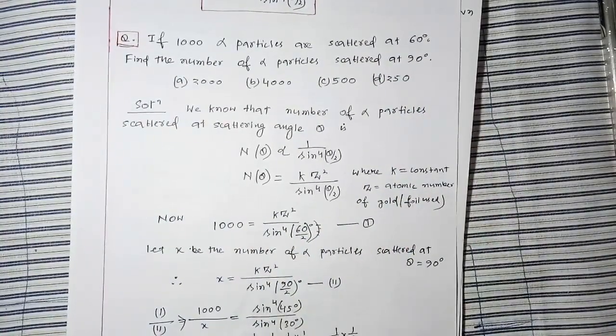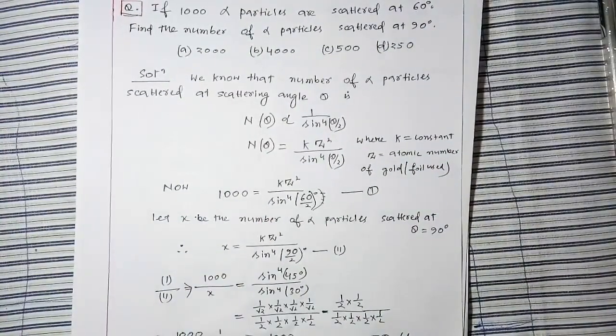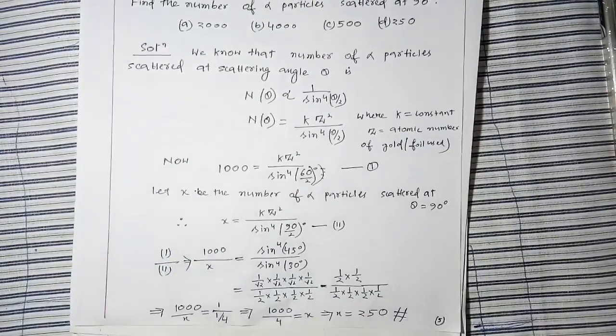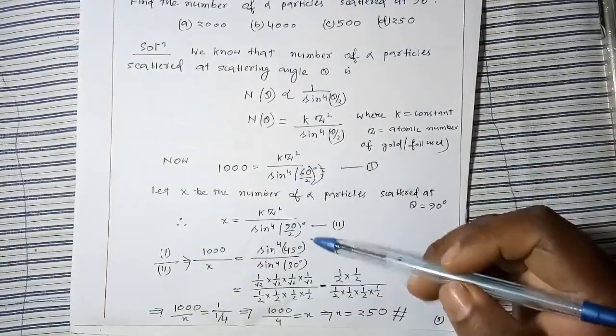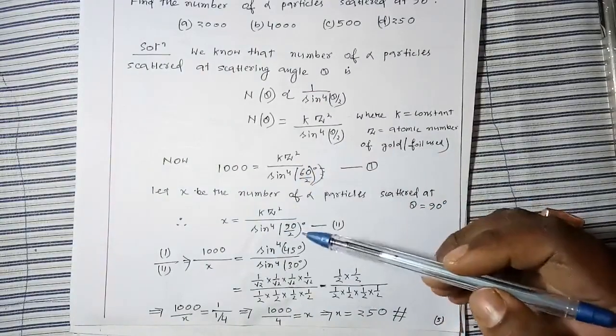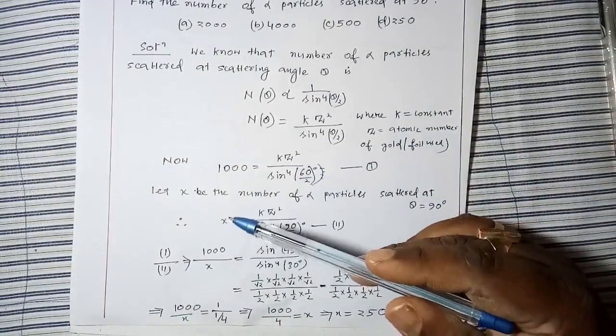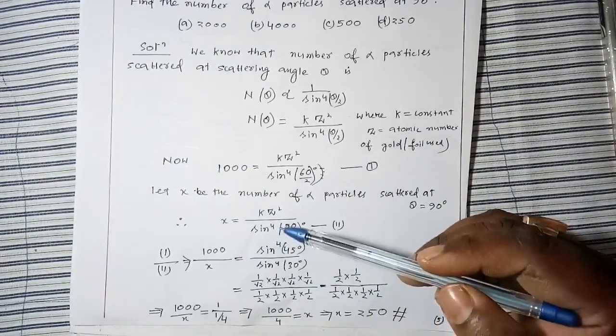Let x be the number scattered at theta equal to 90 degrees. So x is equal to KZ square by sine to the power 4 of 90 degrees by 2. If I divide 1 by 2, what will happen? 1000 by x, because KZ square will get cancelled. So simply we can write 1000 by x is equal to sine to the power 4, and this will come upside, if I write x in the denominator.